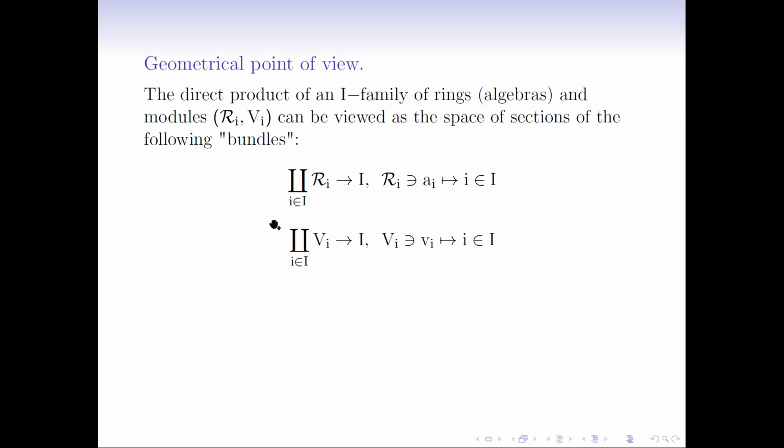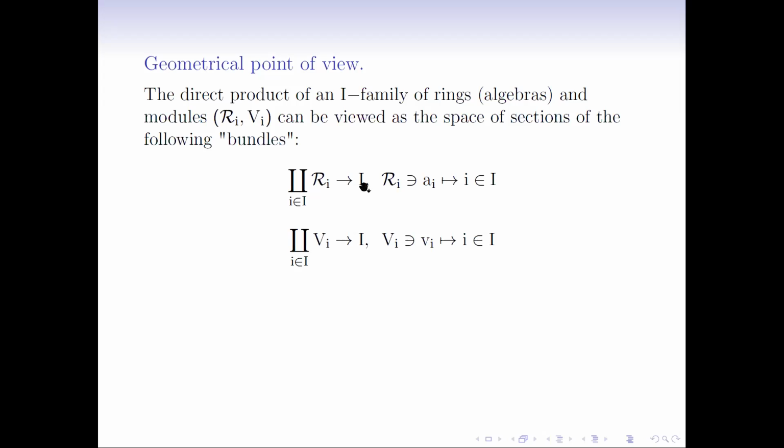And the same for V. And now you see that an element in the Cartesian product of all R's is just a section of this bundle. Well, we call this a bundle, but it's not topological or smooth.